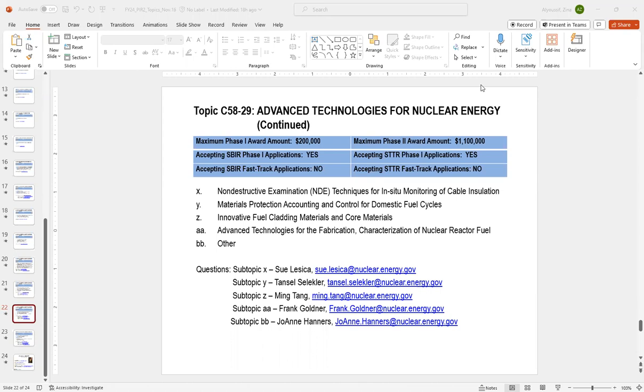We're also looking for innovative materials fabrication and manufacturing technologies, including coating materials, alloy design, and new structure materials and microstructures. All these topics are under this subtopic.